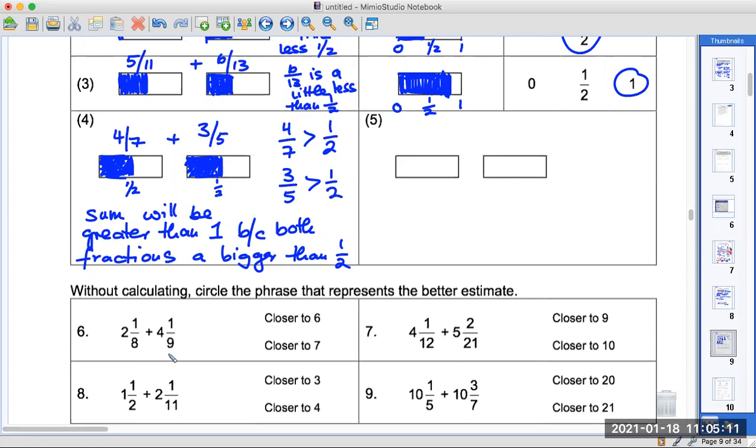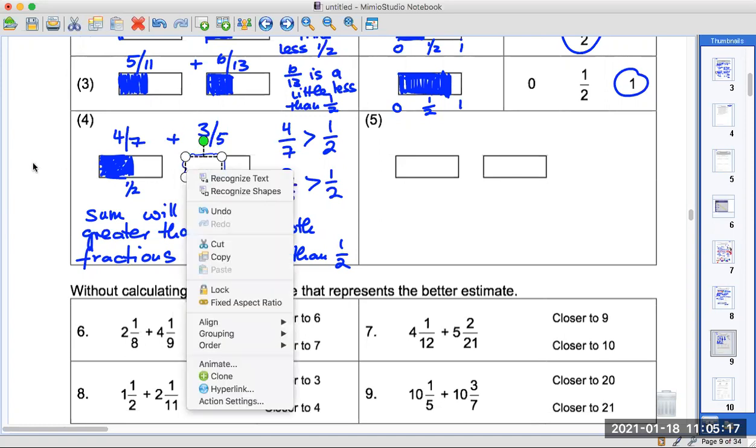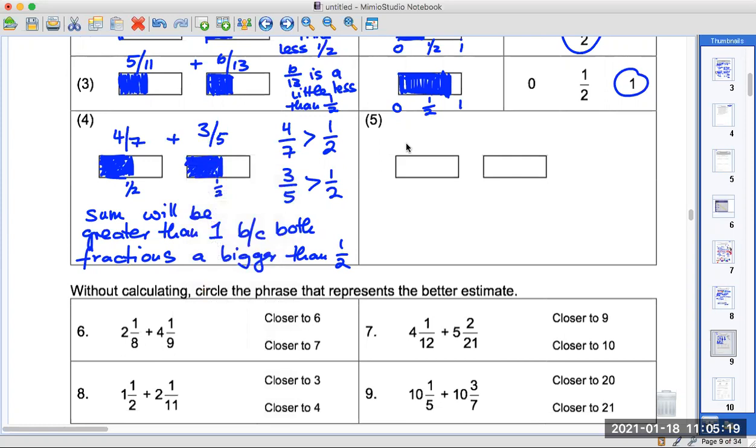Okay, and then this part, my numbers that I made up are 3/7 plus 1/3. So 3 out of 7 is less than 1/2 because you got only 3 out of 7 parts.